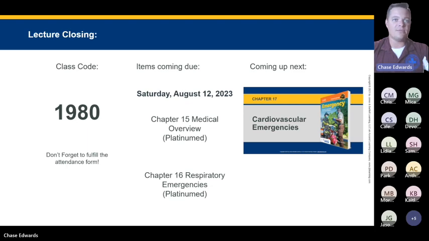Coming up due this Saturday, August 12th, 2023 at 11:59 p.m. is Chapter 15, Medical Overview, which is what we went over, and Chapter 16, Respiratory Emergencies. Both of those are in your Platinum ED. They're open right now and close out August 12th, 2023 at 11:59. So don't turn in late.